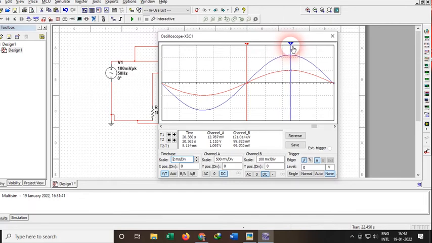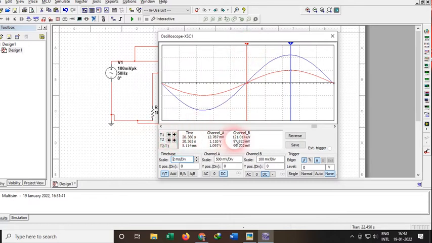And I will tell you how to analyze the output here. So this point is nearly around the 0 line, and this is at the maximum point here. This one is channel B or channel 2. Now look here at this T1, the first cursor.